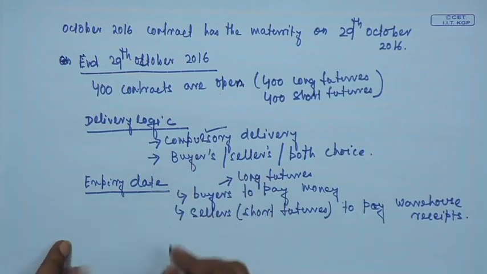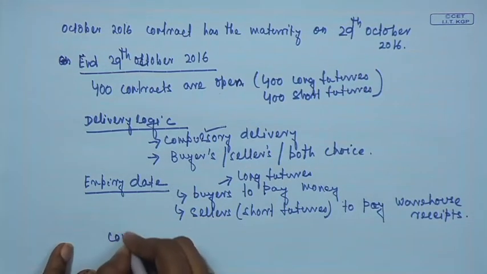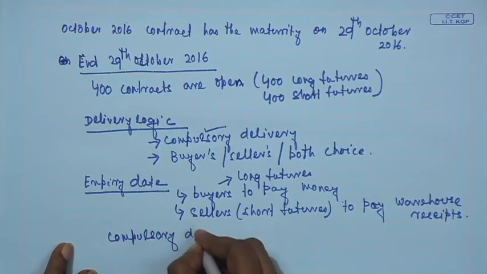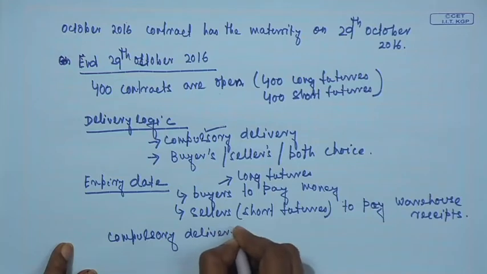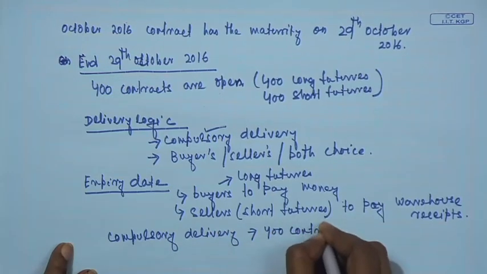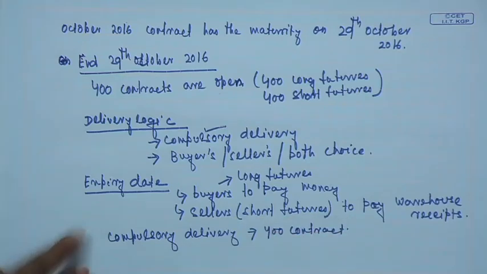Because it is compulsory delivery, warehouse receipts for 400 contracts will be given by the sellers.